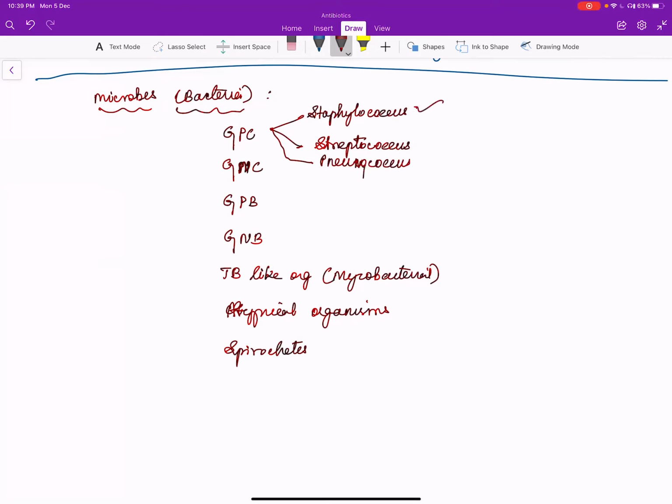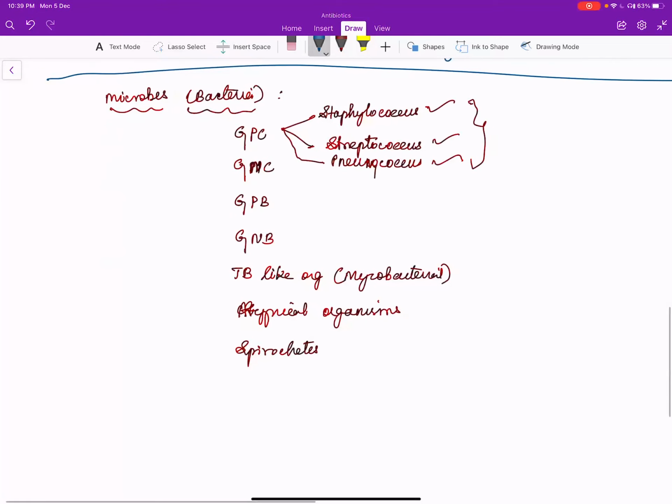So Staphylococcus, Streptococcus and pneumococcus are the three important gram-positive cocci which you should remember. What about gram-negative cocci? We have mainly three. Meningococcus, the so-called Neisseria meningitidis. The next is Neisseria gonorrhoeae, which is called gonococcus. And another one is Moraxella.